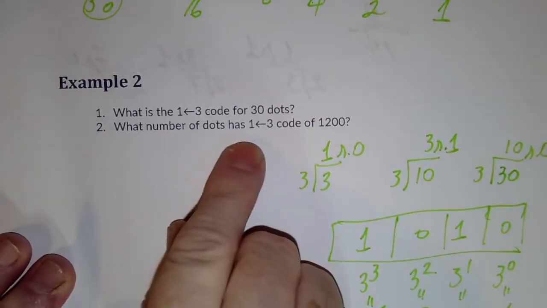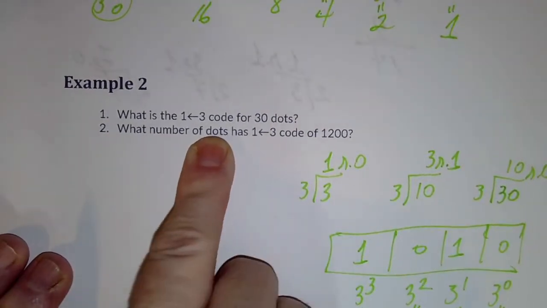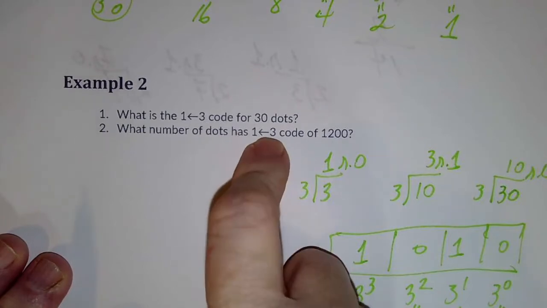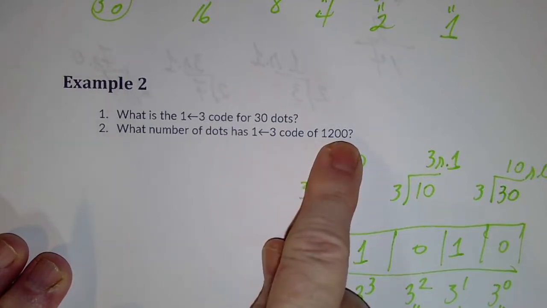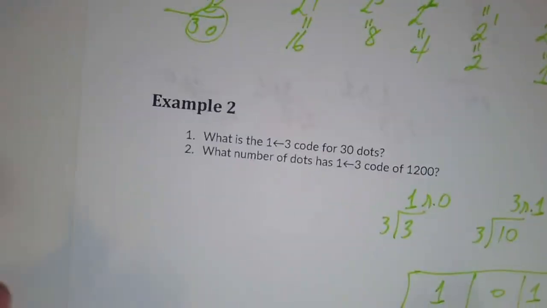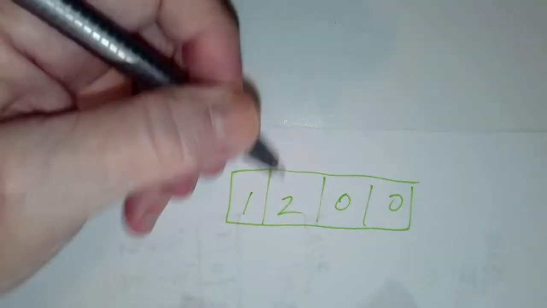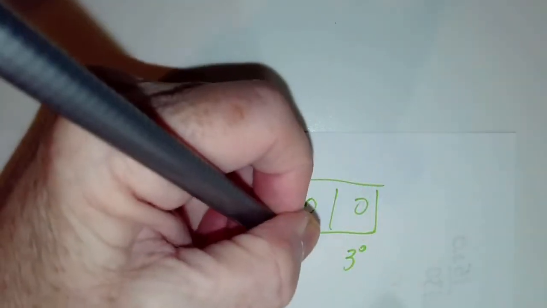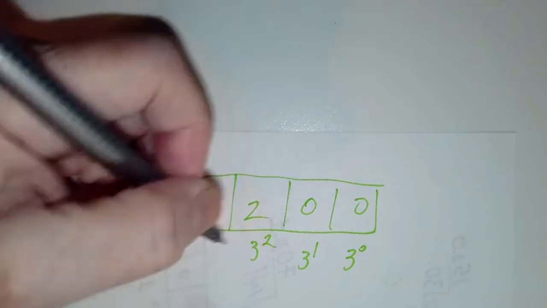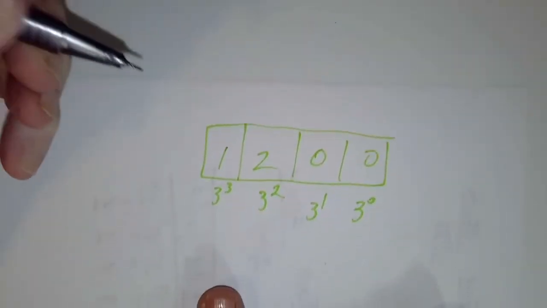Well, let's see how many dots we would start with in order to have a 1, 3 code of 1200. So we have 3 to the 0, 3 to the first, 3 to the second, 3 to the third.